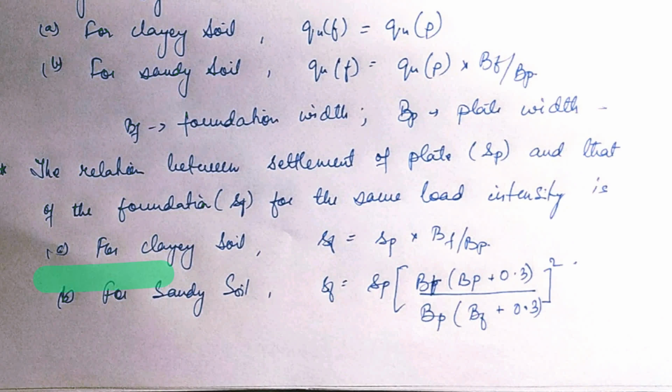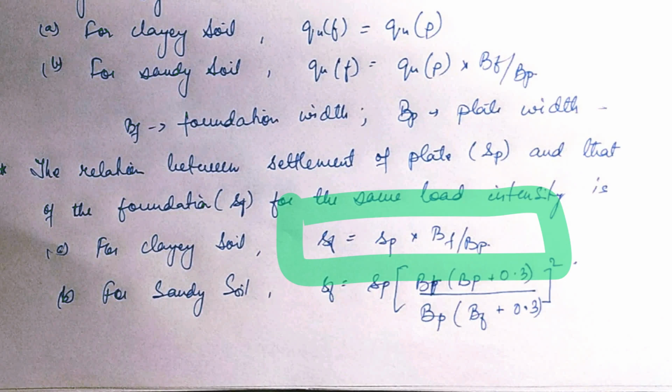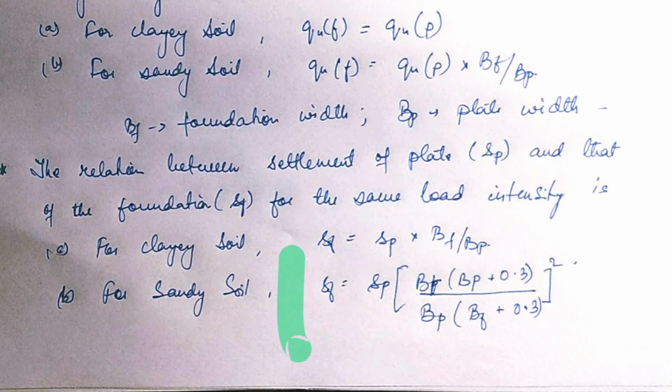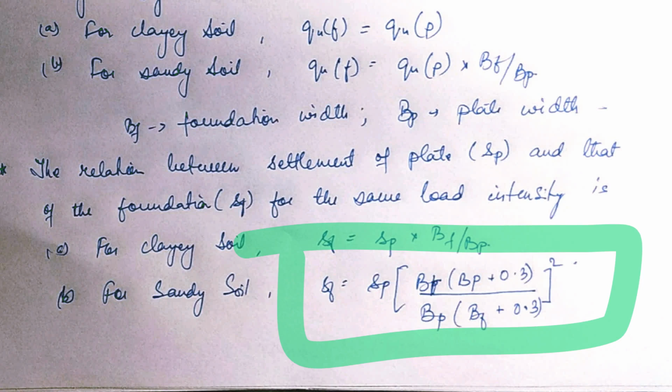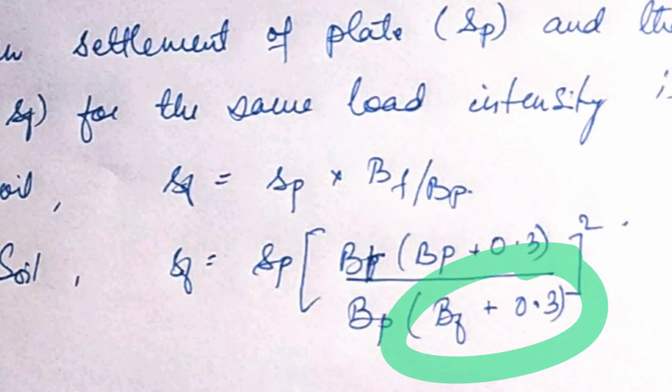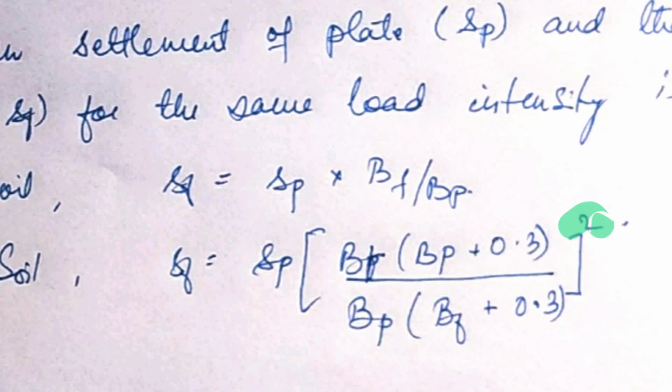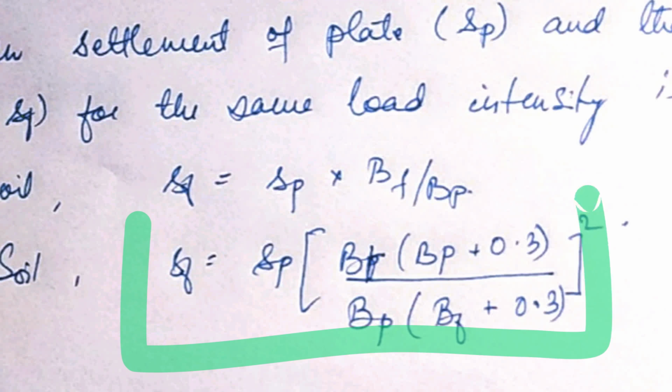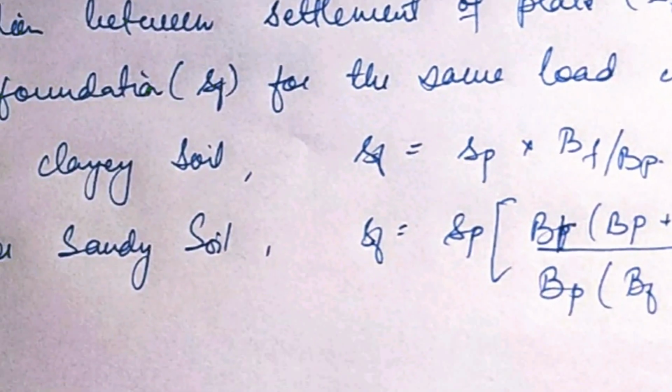For clay soil, S_f is equal to S_p multiplied by B_f upon B_p, and for sandy soil, S_f is equal to S_p multiplied by (B_f (B_p + 0.3)) upon (B_p (B_f + 0.3)) whole square. So this is your formula for sandy soil. This is the settlement of your foundation.